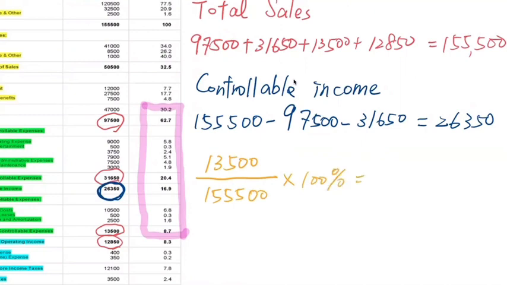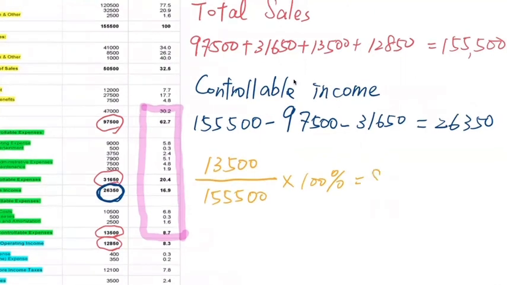And it's around 8.6, 8% something, so it's around 8.7%.